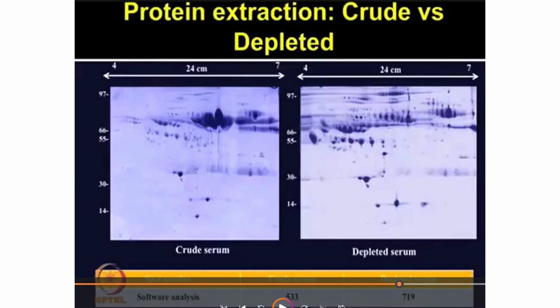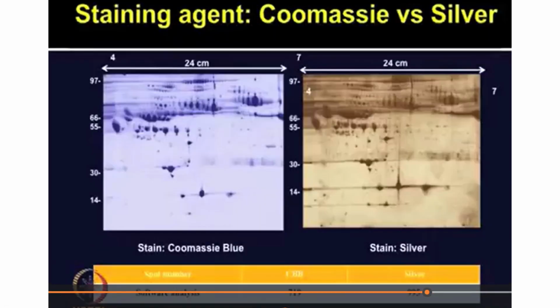Similarly, using a crude sample or a depleted serum sample: if you pre-process by depleting, the separation becomes much more accurate. Here it was not at all separated using crude serum, but because of that pre-processing it got separated here. That's how important pre-processing is, the protein extraction part which we discussed in week 2.